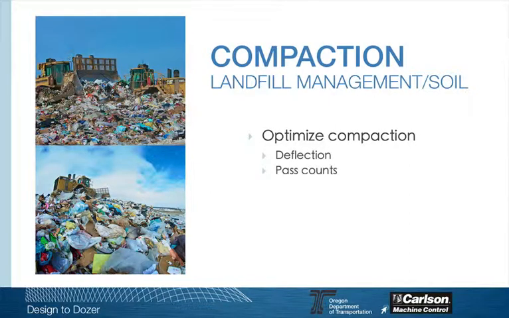And we can do this in two ways. One is deflection, and that simply means that we're measuring the vertical difference, how far down we're moving with each pass of the machine. And we're basically using RTK GPS, GNSS, to tell us how well we're pressing down.